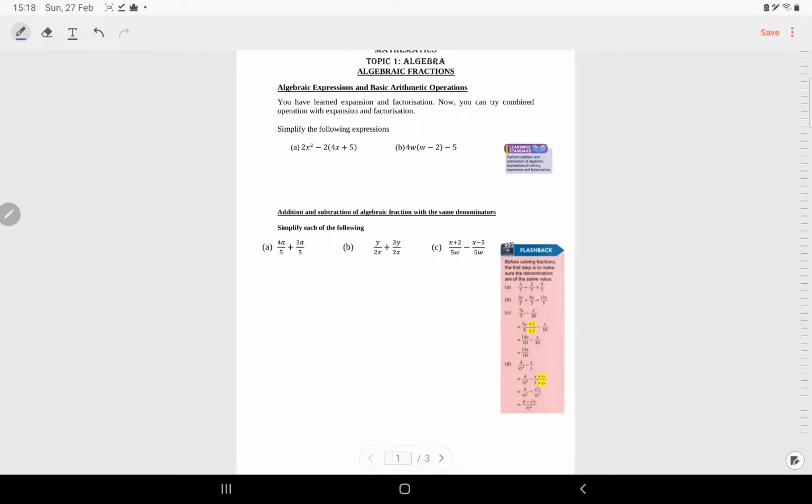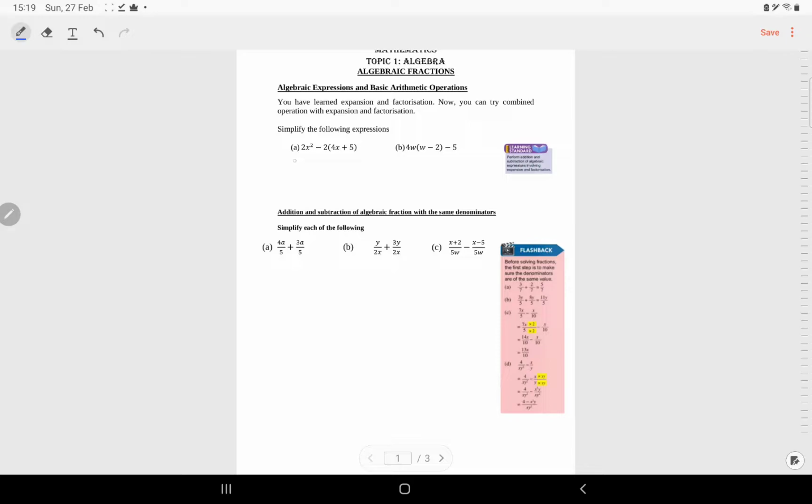So the order of operation is multiplication and division, and then it's addition or subtraction, whichever comes first in the expression. So notice that when you see 2 in bracket 4x plus 5, that is multiplication.